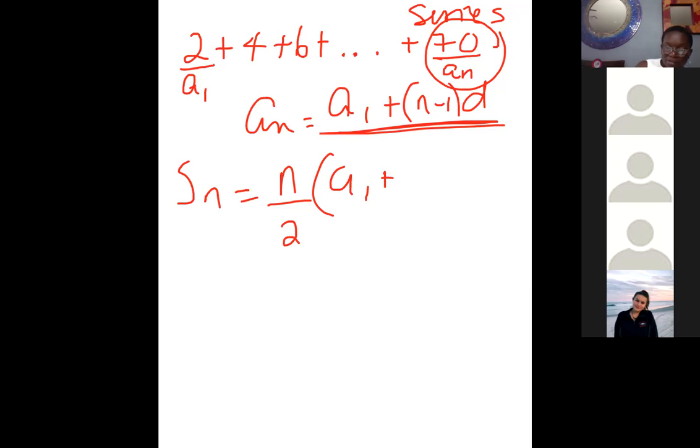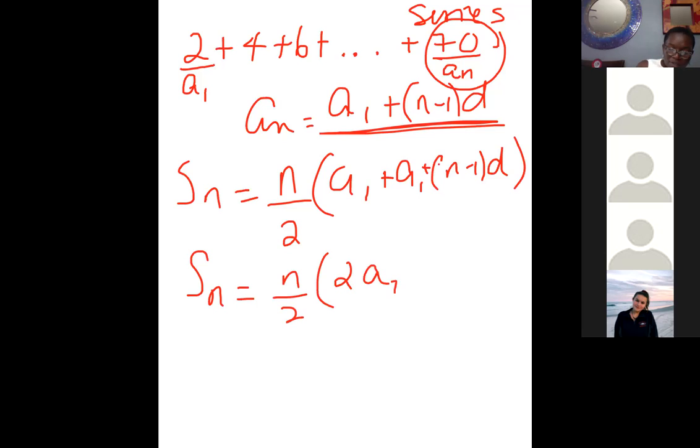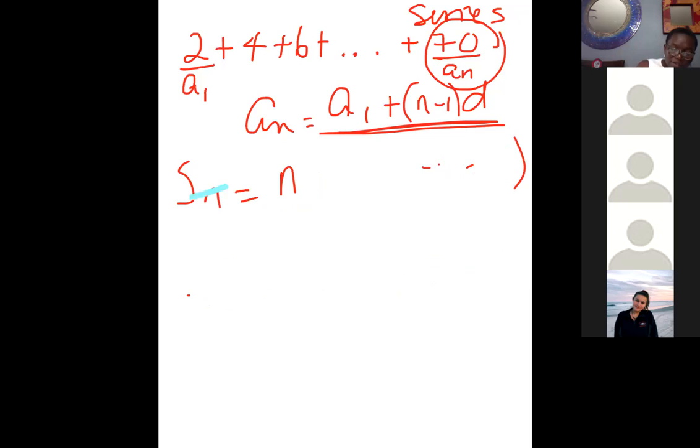Yeah, we could just drop that in there, plus n minus 1 times d, and do a little bit of work. So you get n over 2 times a1 plus n minus 1 times d and do it all in one step. But for some of you, I think you would prefer to write out the information.